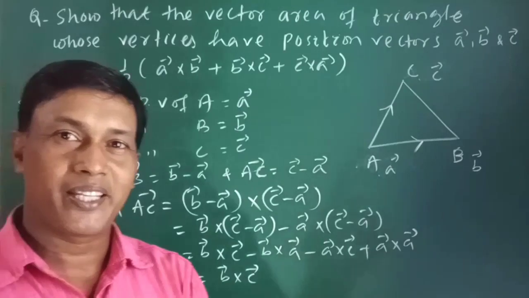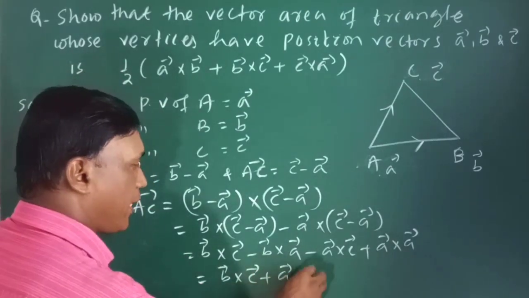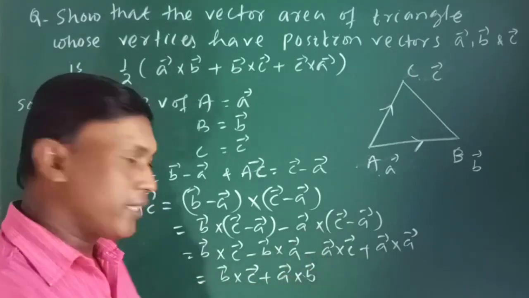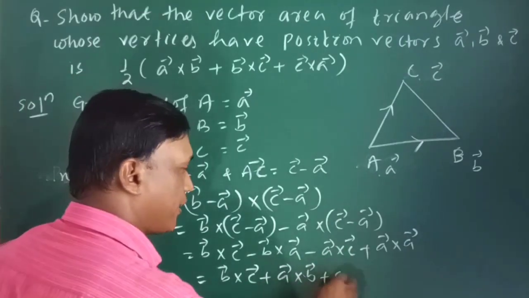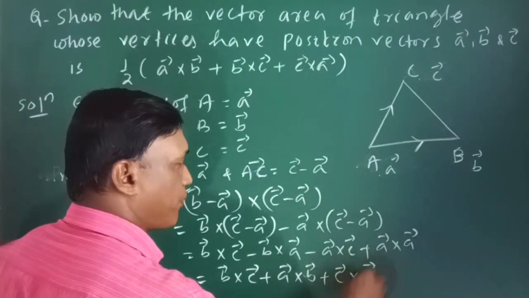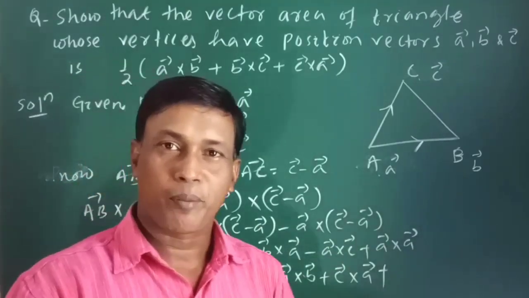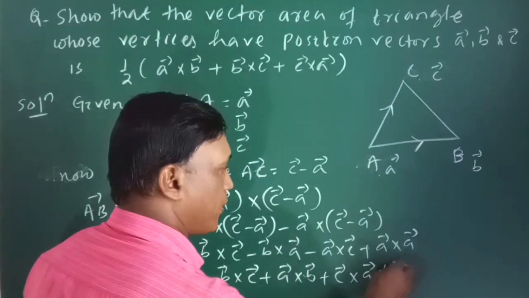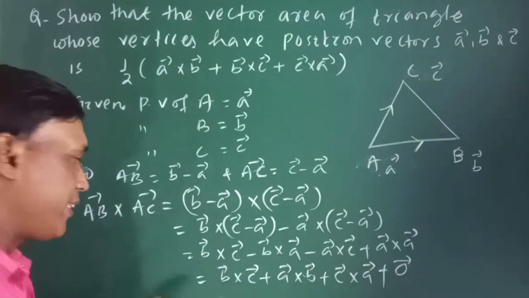Minus B cross A is A cross B. Minus A cross C means C cross A. And A cross A is zero, because the cross product of a vector with itself is the zero vector. So dear students, this is AB cross AC.